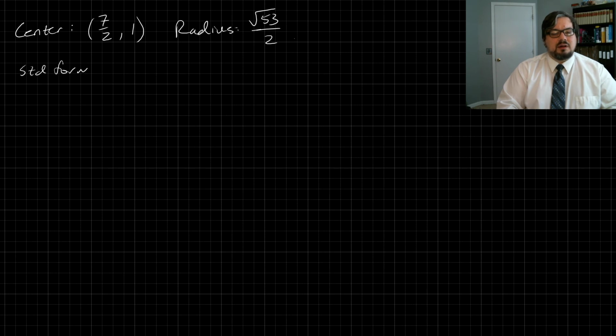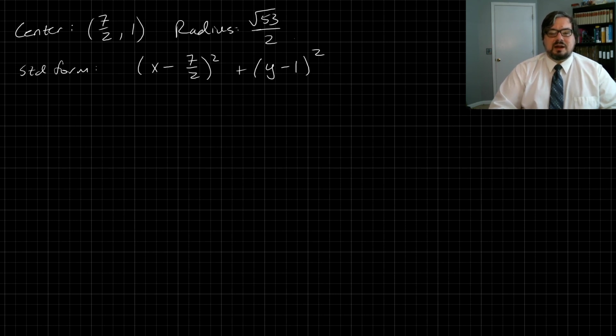So we know that our center is going to be at 7/2, 1. We know our radius is the square root of 53 over 2. So that means that the standard form of the circle looks like x minus 7/2 squared plus y minus 1 squared equals the square root of 53 over 2 squared.